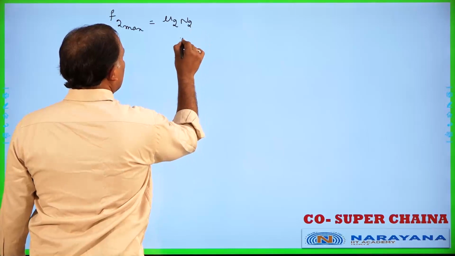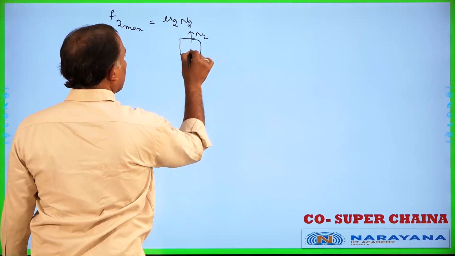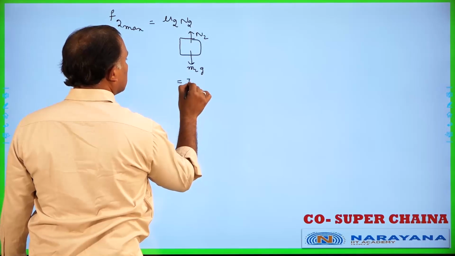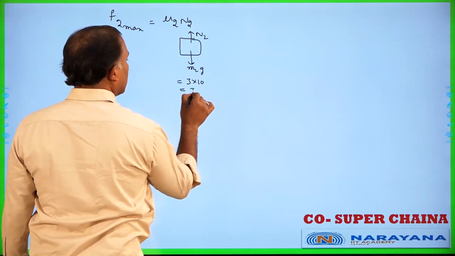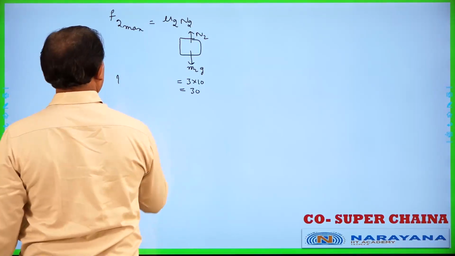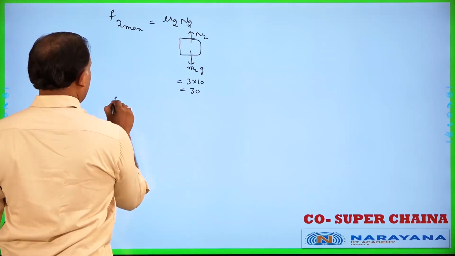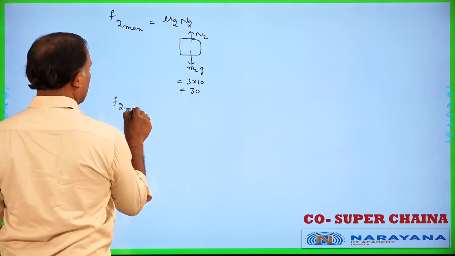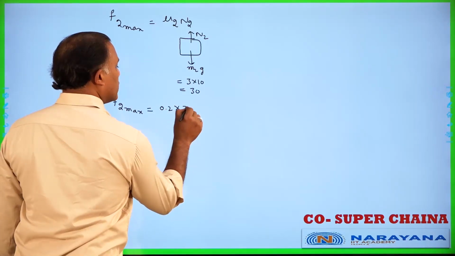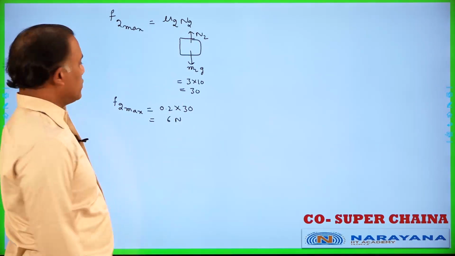If you take the free body of that one, normal reaction N2 upward, m2g downward, that is 3 kg into 10, equal to 30. Then F2 maximum is equal to mu2, 0.2, into 30. So that is 6 Newton.